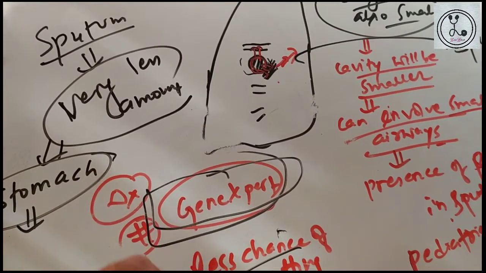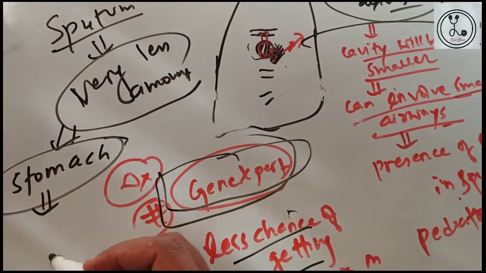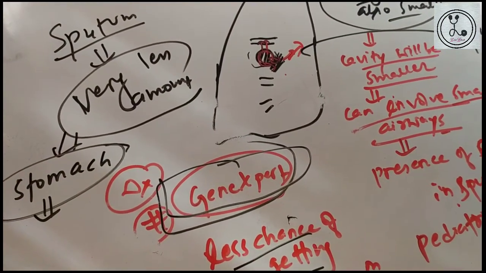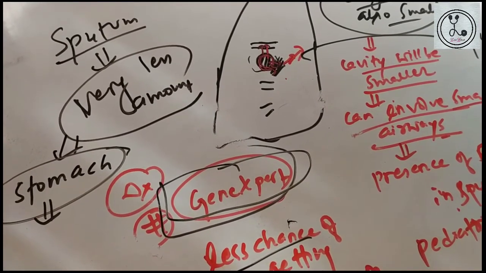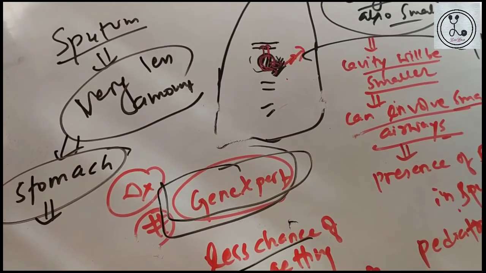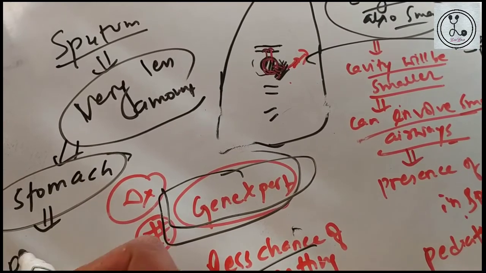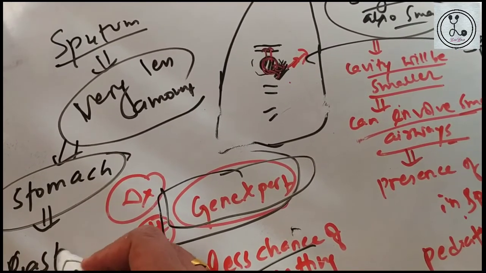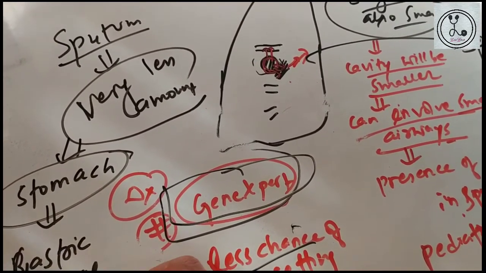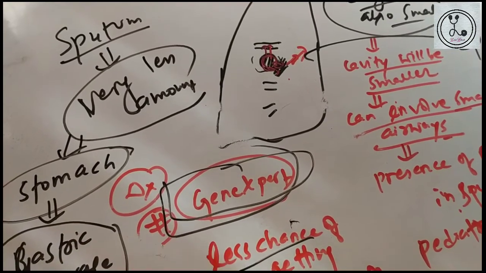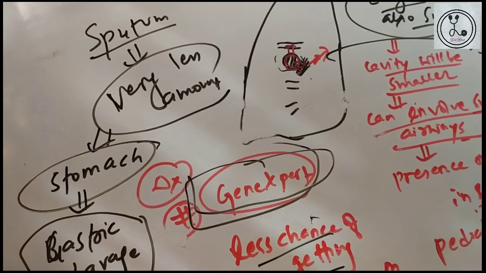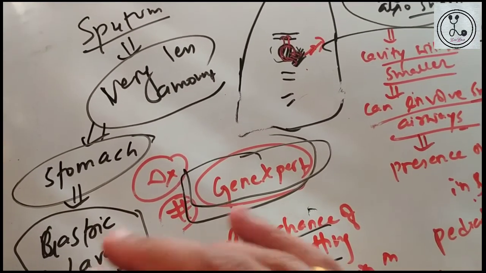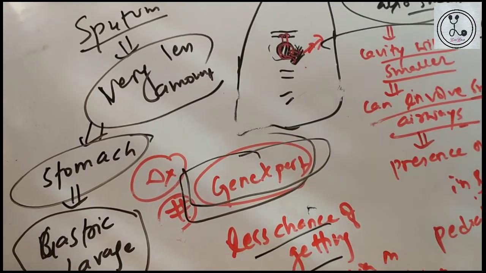And that is why for the diagnosis, if the child is very small and cannot produce or give you a sputum sample, in that case you can take a gastric lavage. You put a nasogastric tube from the nose into the stomach, and you aspirate some of the fluid from the stomach.